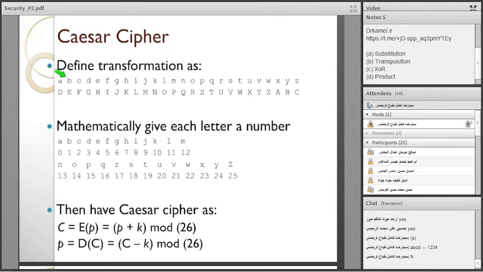For example, this is A, B, C up to Z. When n is 0, you take A and put A instead. When n is 1, you take A and put B instead.